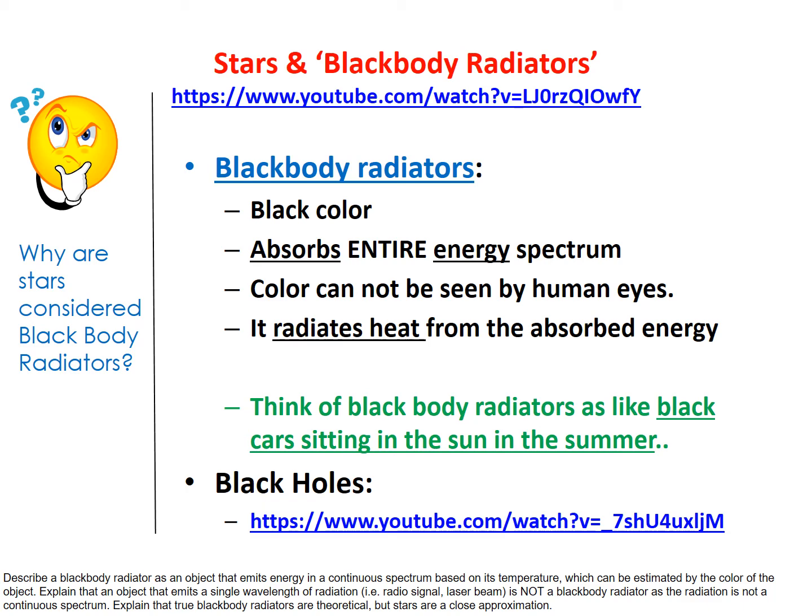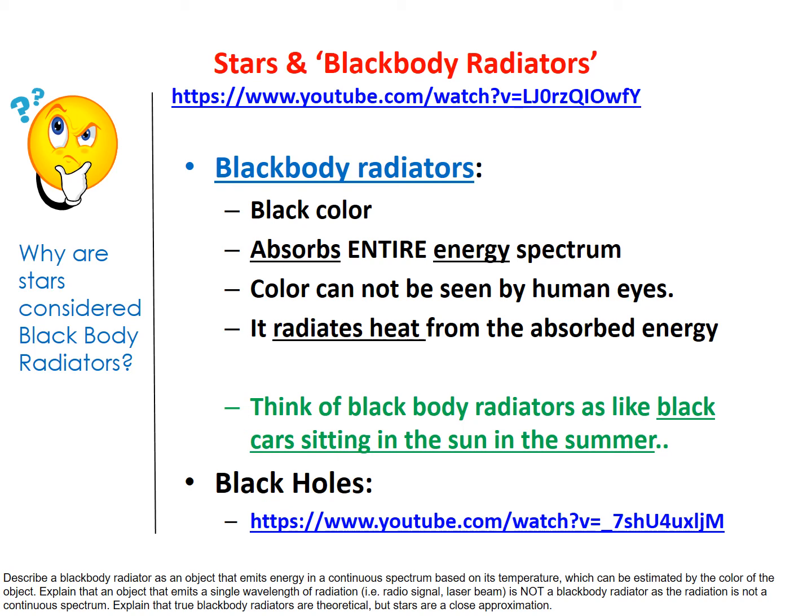The closest example we would have to that would be our sun, our star. It does absorb radiation, but it also emits some light, some color. But the main thing that it emits is heat.